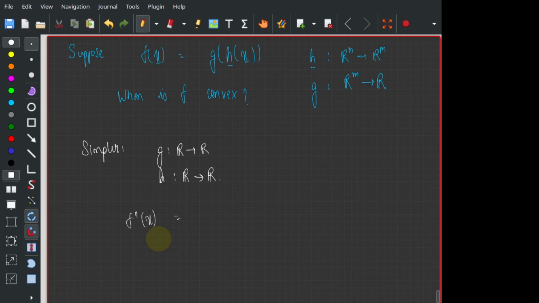True. We're not aiming to derive necessary and sufficient conditions, because it's always possible to choose two functions g and h which don't satisfy the properties that we're going to have over here. I mean, for example, you could have a non-convex g and non-convex h. The composition could be convex. That's possible.